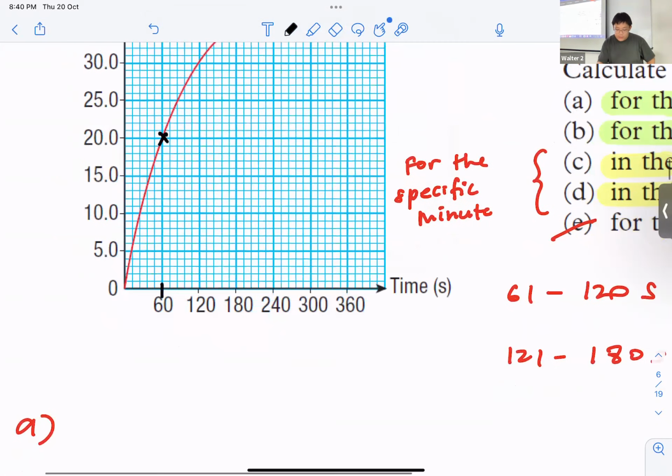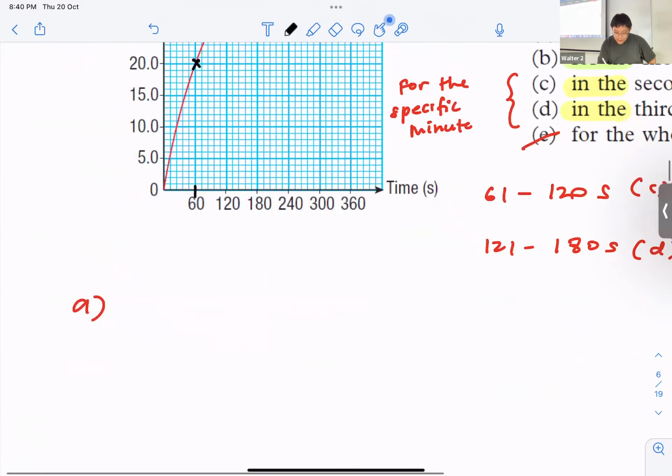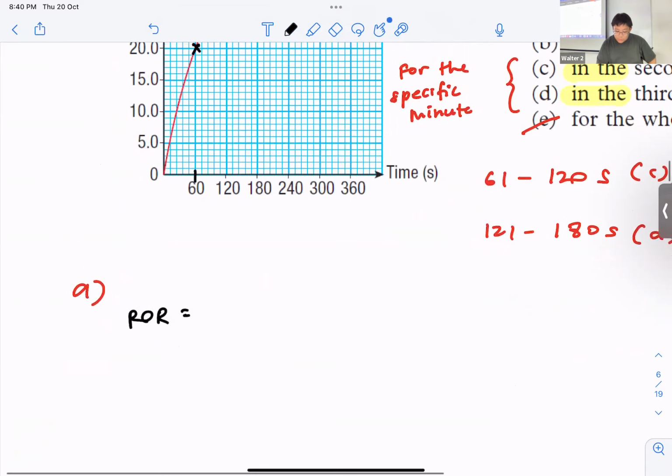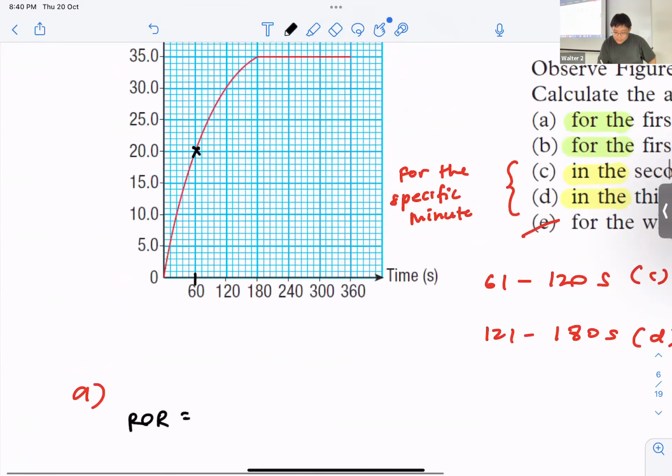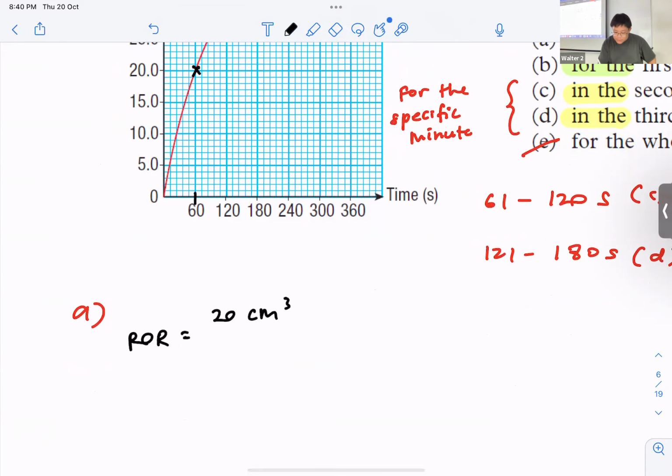So for A, rate of reaction is equivalent to 20 cm3 of gas released divided by 60 seconds. So you have 0.33 cm3 per second. That's your first answer.